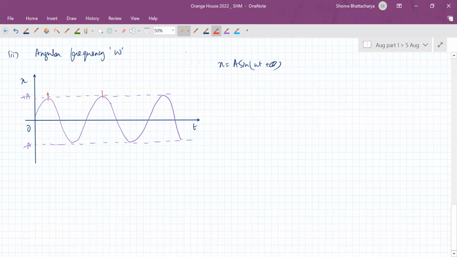Now this is one cyclical time, or what we call the time period.